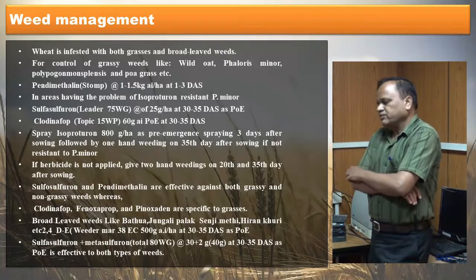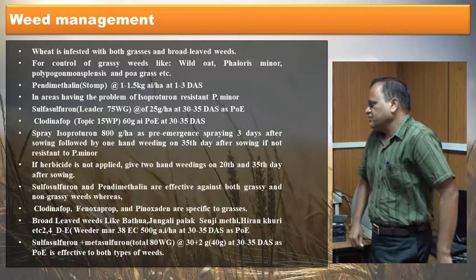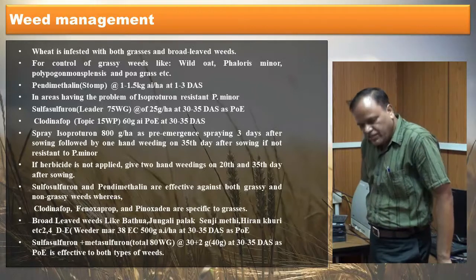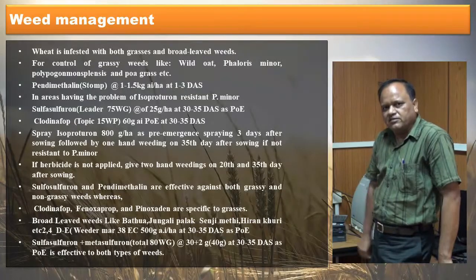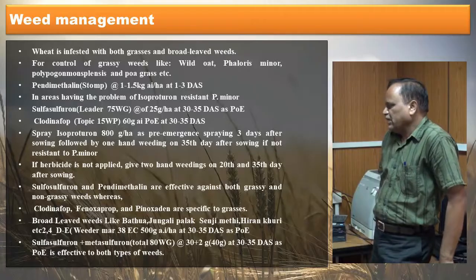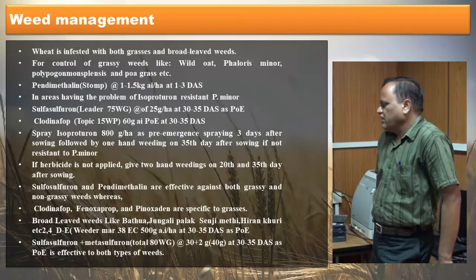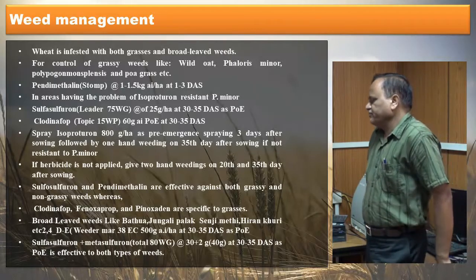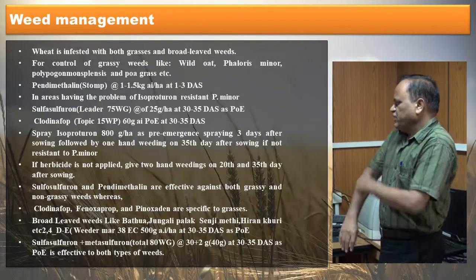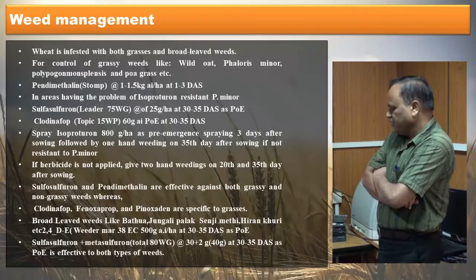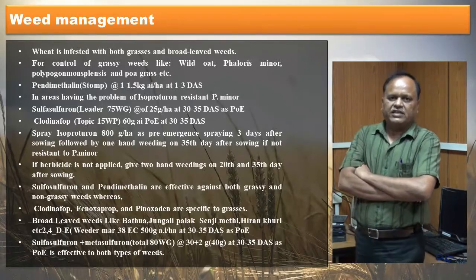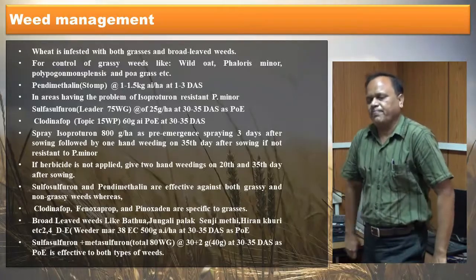So as far as the control of grassy weeds is concerned, one of the most important and very cost effective chemicals that has been used for many years is pendimethalin, at the rate of 1 to 1.5 kg active ingredient per hectare.